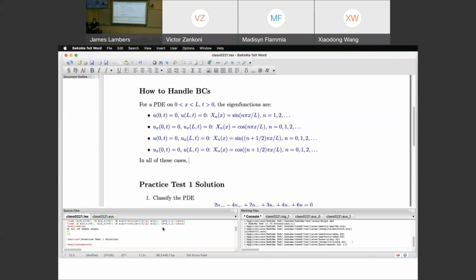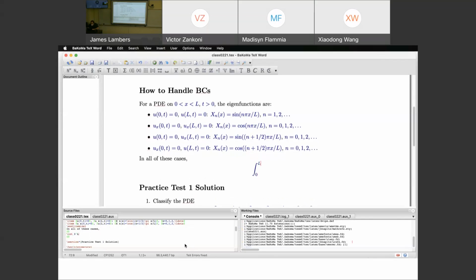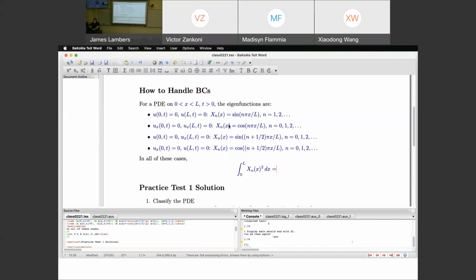To get the coefficients a sub n, in the denominator you have the integral from 0 to L of X_n of x squared. But that turns out to be equal to, for these cases where you have a sine or a cosine, L over 2.